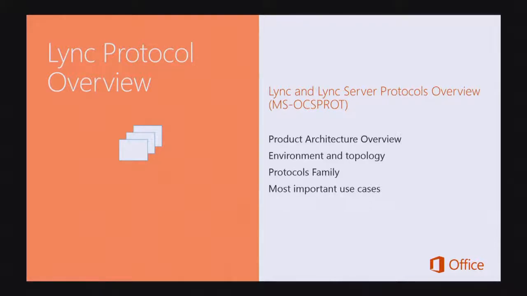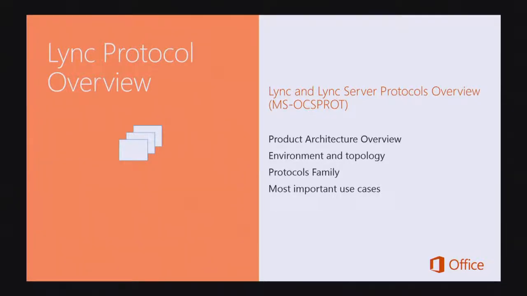So here goes the Lync protocol overview. If you want to learn about the Lync protocols, this OCS protocol document is an entry point for you, and it contains 4 parts of information. The first part is the product architecture overview, and then the environment and network topology.